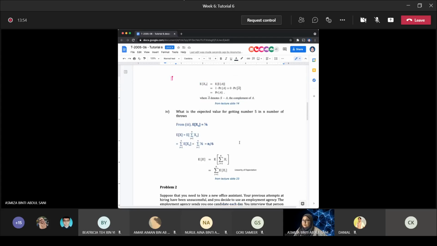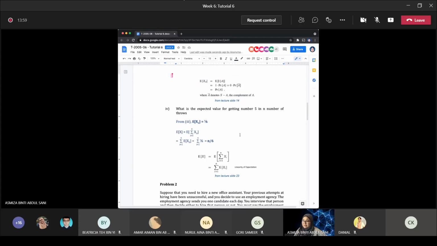All right, so for number 4, what is the expected value for getting number 5 in n number of throws? If you remember, to use the IRV to find the expected value for several throws, we sum up the expectation of all throws.